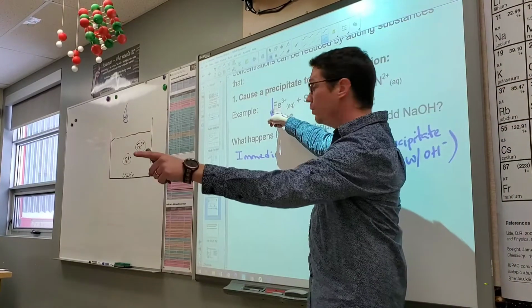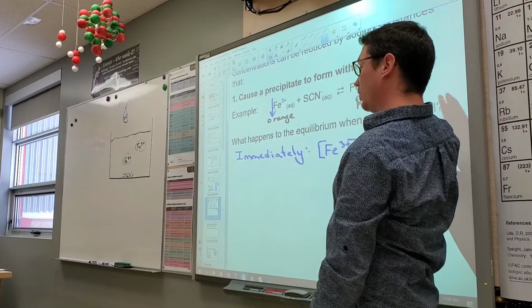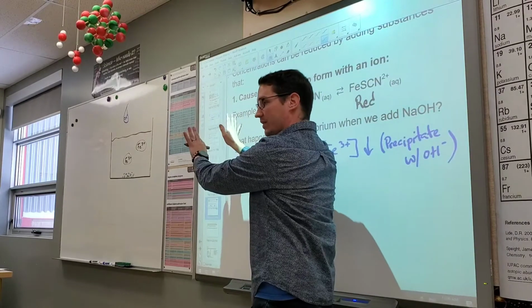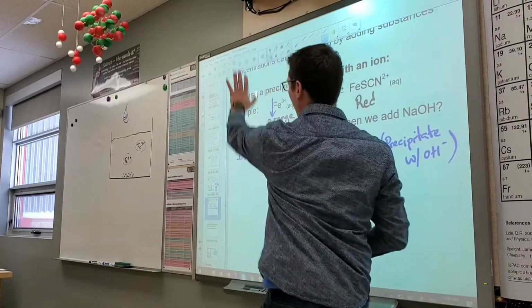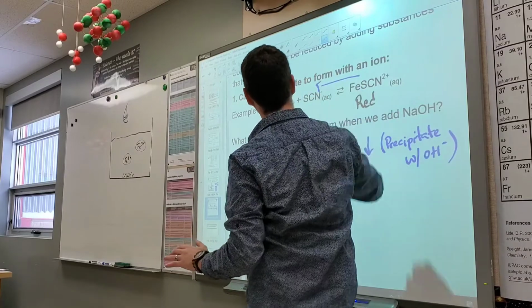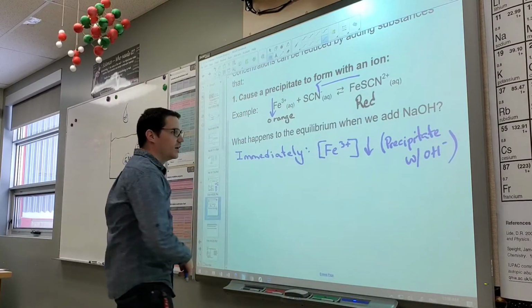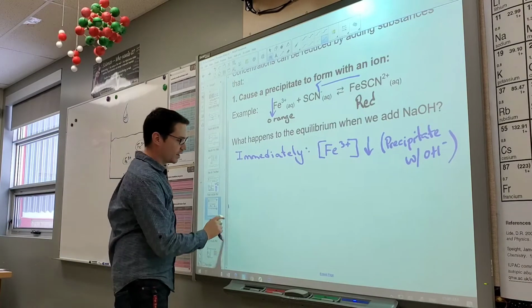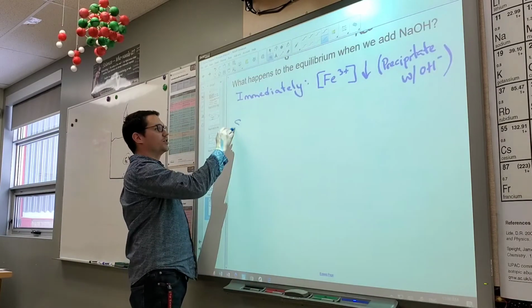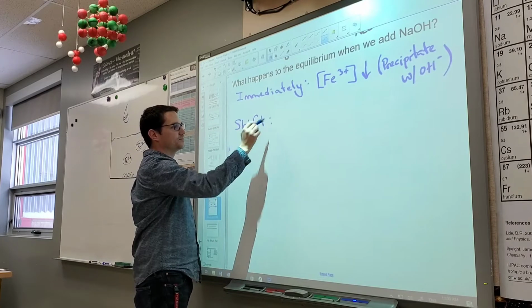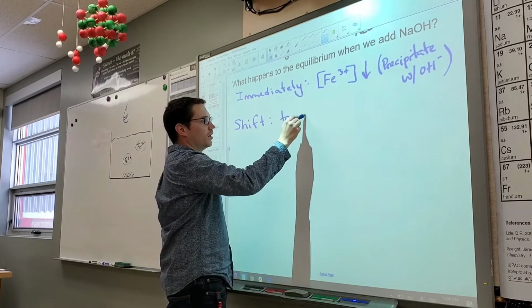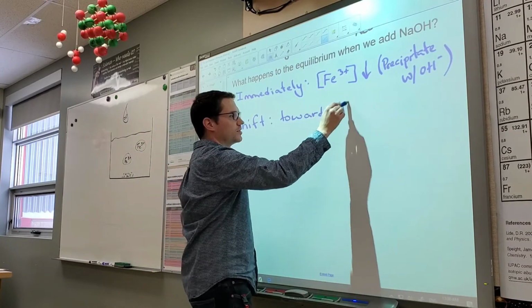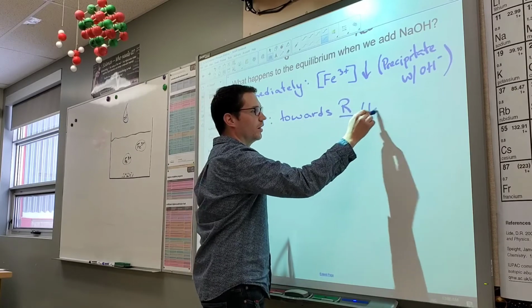If you decrease this, the equilibrium will try to make more of it, right? So by us decreasing this, the equilibrium shifts to the left. Shifting to the left and shifting to the reactants is the same thing. Hopefully that makes sense. So the shift that we see is towards the reactants, or the left.